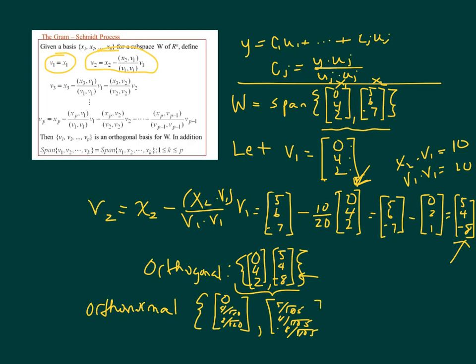Now these are still orthogonal to each other because the unit vectors and the original vectors are in the same directions, and so normalizing them both, you'll still have two vectors that are perpendicular to each other.